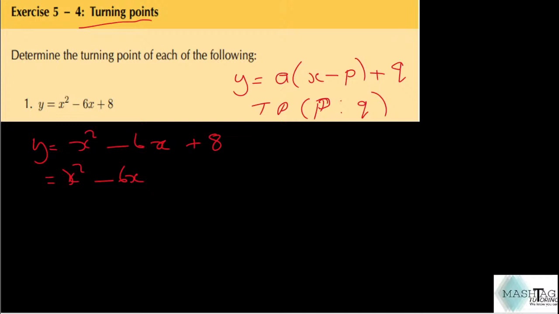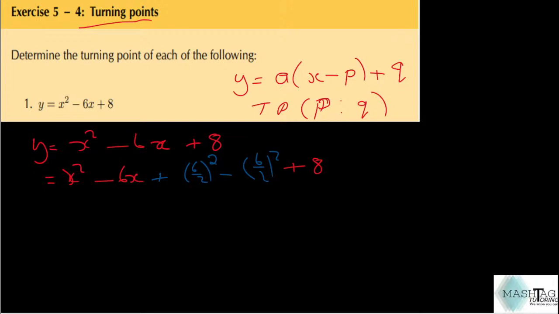What I mean is you'll have plus half of 6, which is 3, squared, and you minus it as well, squared, and then you continue with the equation. If you think about it, this is actually 0, so it doesn't affect the meaning of this equation.